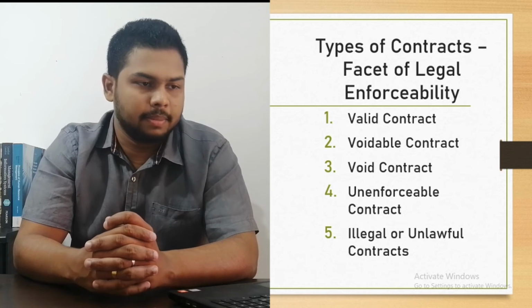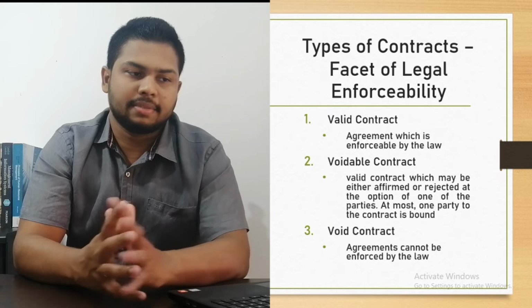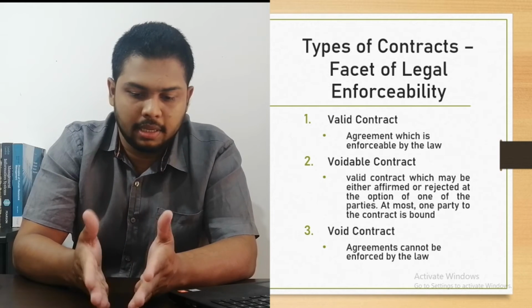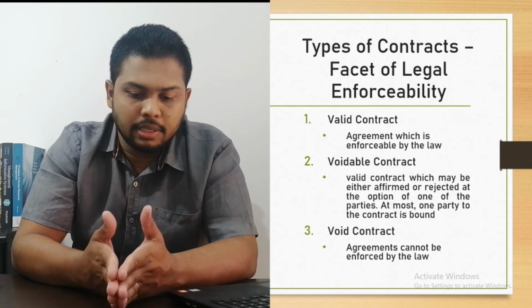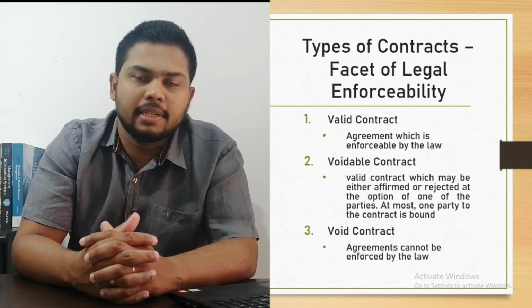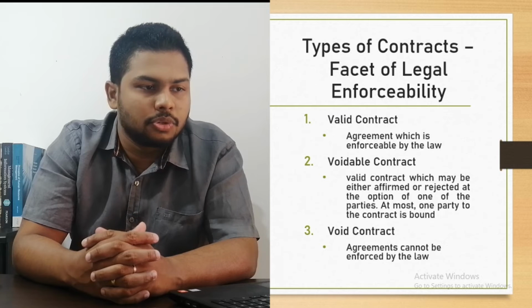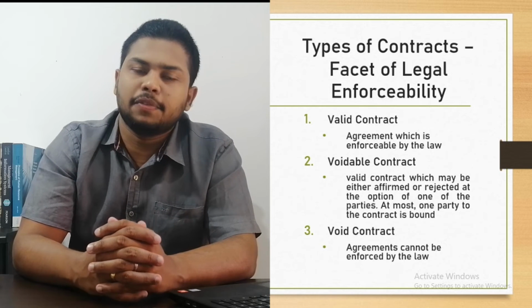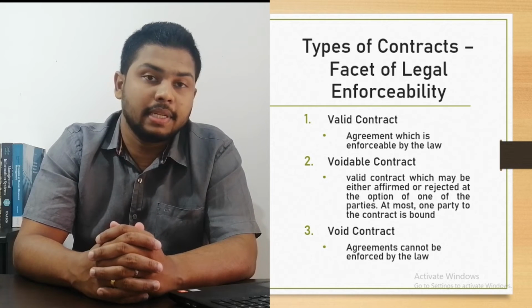So we'll get to know about them. So what do you mean by valid contract? Don't be afraid of the things I've mentioned earlier, offer and acceptance and so on, all these will be discussed later, right? So with the facet of legal enforceability, the first one is a valid contract.